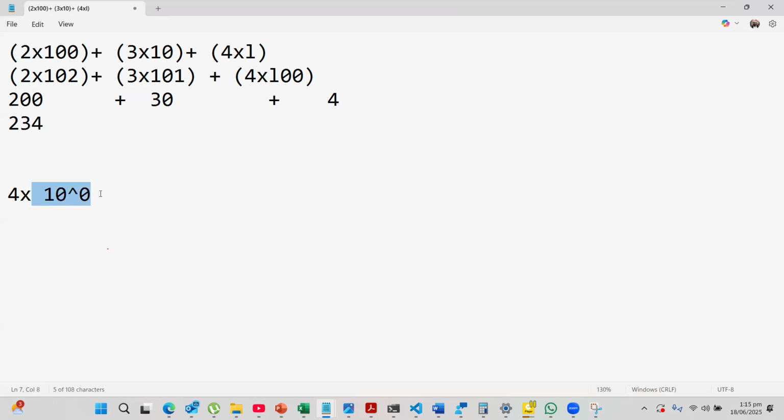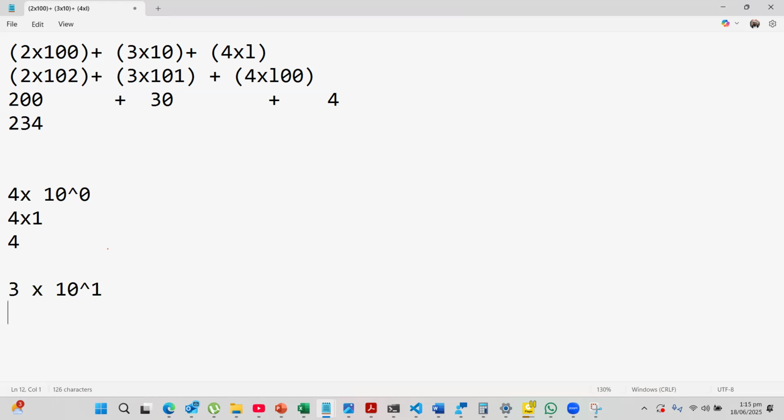Now, 10 raised to the power 0 is going to give me 1. That means I have 4 times what? 1. So this is going to give me what? 4. That's understandable. If I go and take the 3, it is 3 times 10 raised to the power 1.